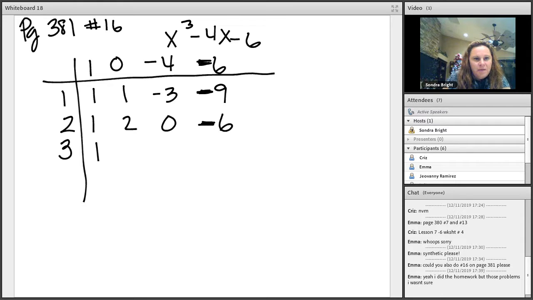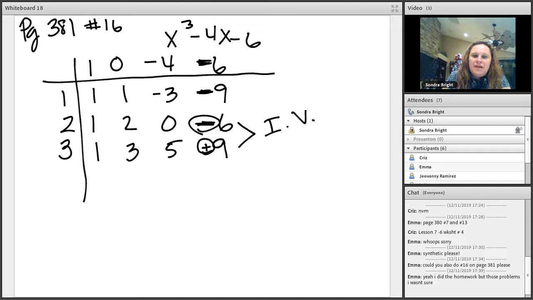Go to 3. 3 plus 0 is 3. 9 plus negative 4 is 5. 15 plus negative 6 is 9. Yes. Now, since you went from a negative to a positive, then the intermediate value theorem says there is a zero between.